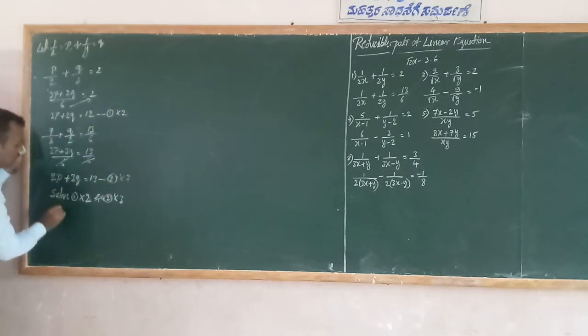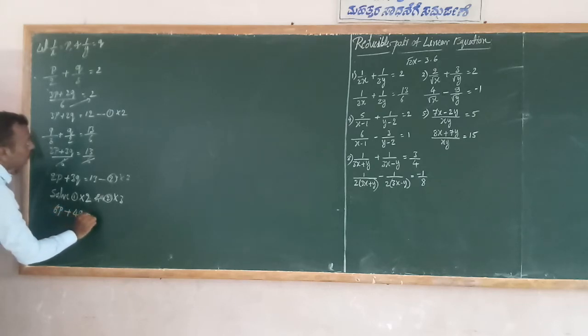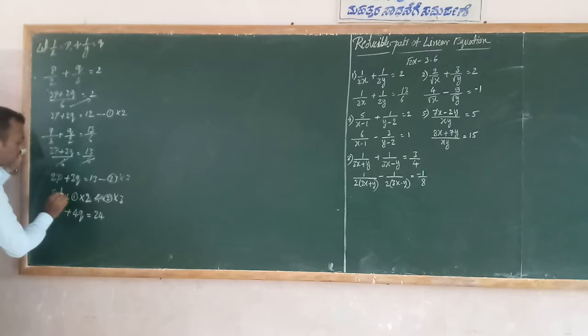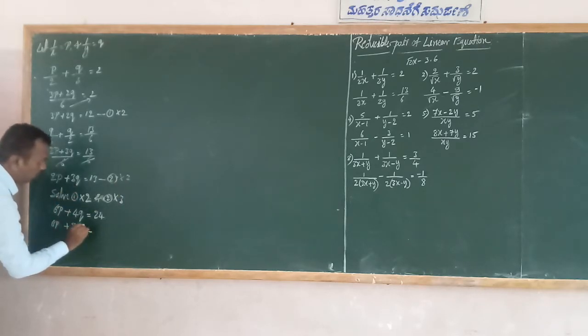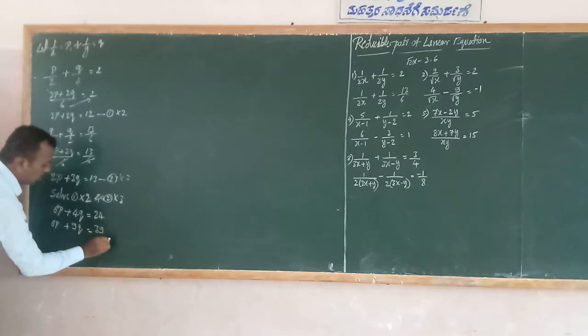Okay, 2 into 3, 6p, plus 2 2s are 4q, is equal to 24. Then multiply the second equation by 3: 3 2s are 6p plus 3 3s are 9q is equal to 13 3s are 39.